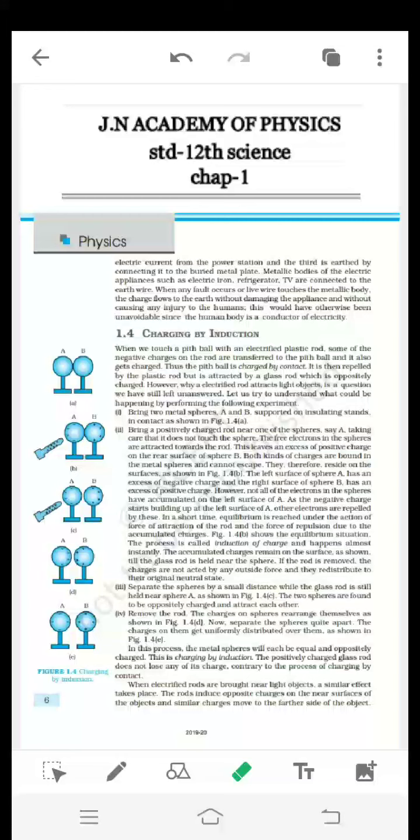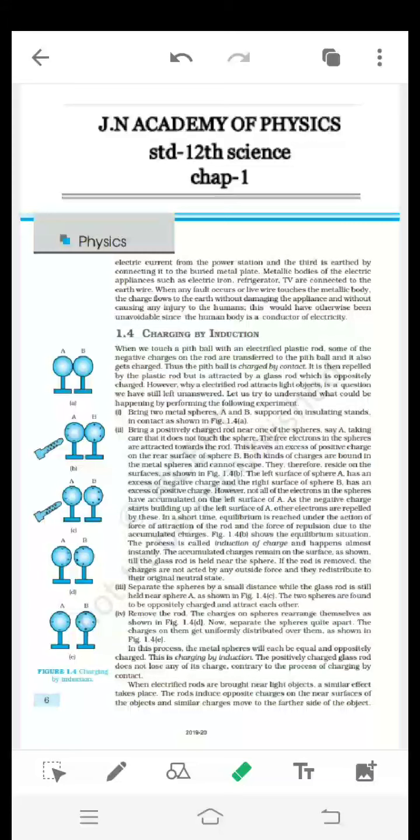The left surface of sphere A has an excess of negative charge, and the right surface of sphere B has an excess of positive charge. However, not all of the electrons in the spheres have accumulated on the left surface of A. Other electrons are repelled by this, and in a short time equilibrium is reached under the action of the force of attraction of the rod and the force of repulsion due to the accumulated charges.